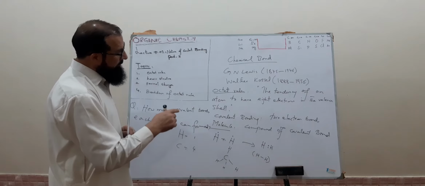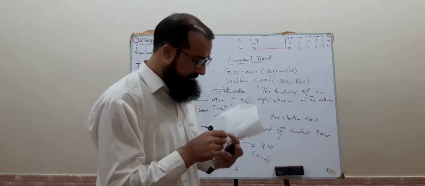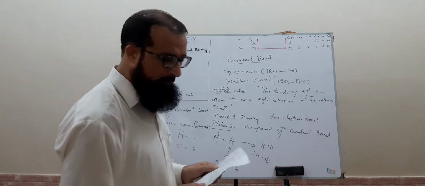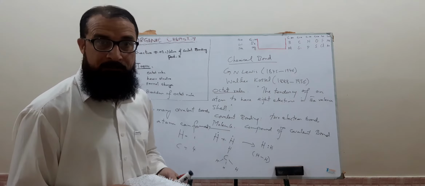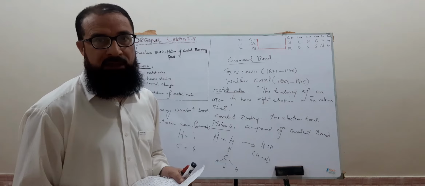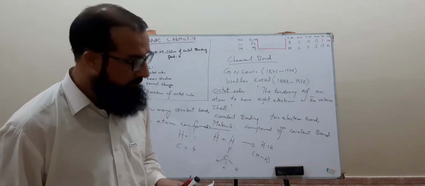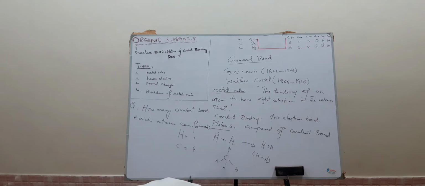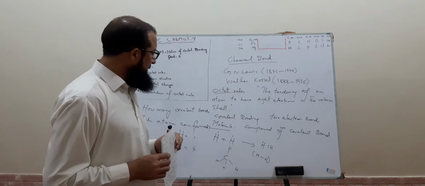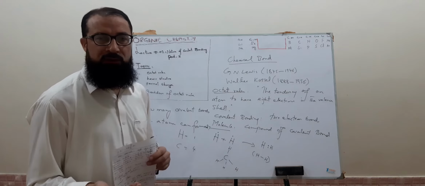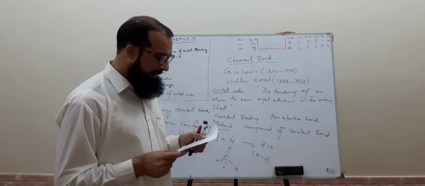We will discuss why, because it has 7 electrons in its valence shell, but fluorine can form only one covalent bond. So the number of covalent bonds is always equal to the number of valence electrons.